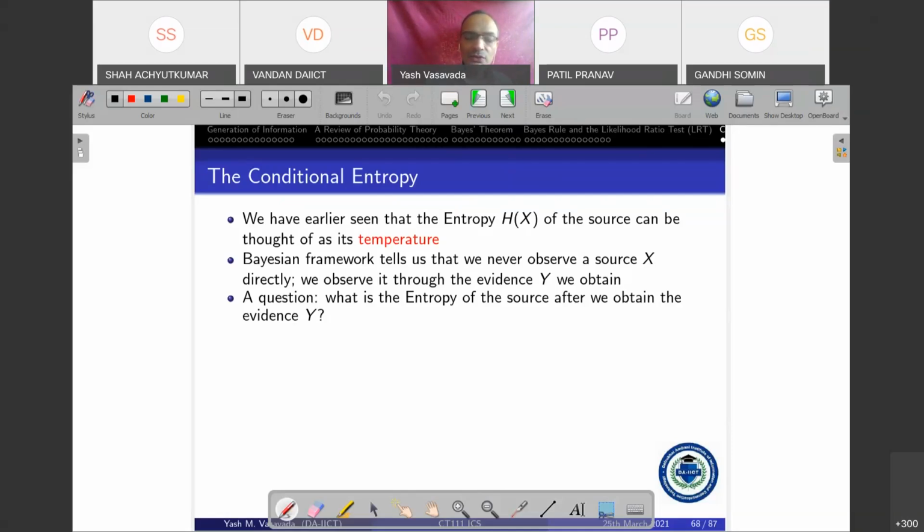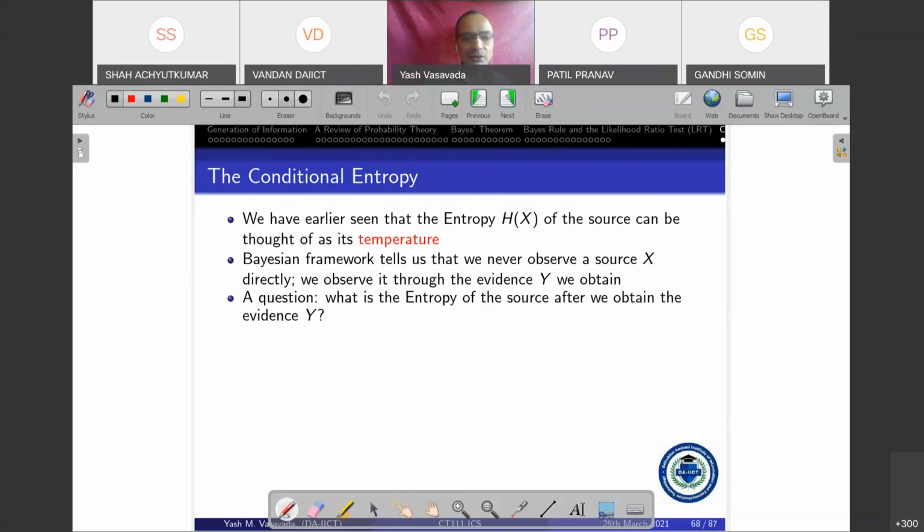We observe it through some evidence or some effect. And that effect we have called y. So y is 0 or 1 in this disease problem. So the question is, what is the entropy of the source after we obtain a particular evidence? That is a very interesting question.